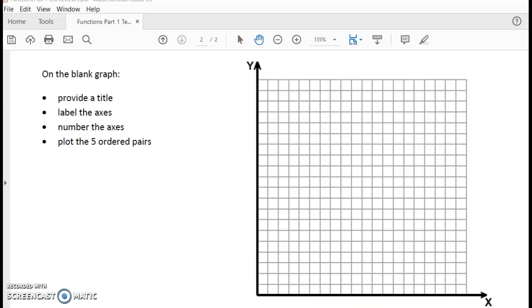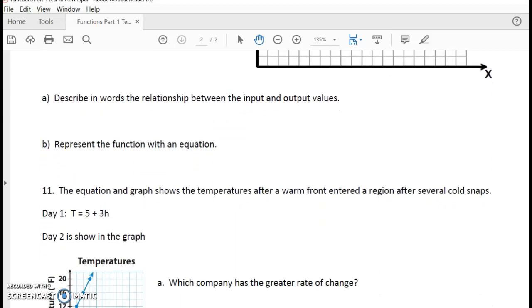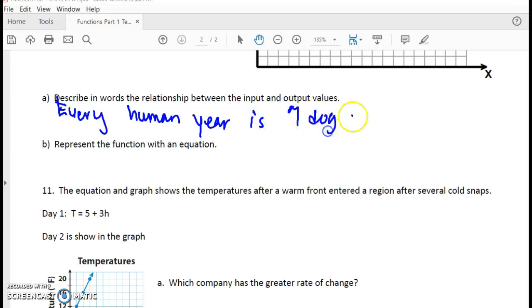All right. The last lesson is to describe the relationship with the input and output. Well, every human year is 7 dog years. How could you represent this as a function or an equation?